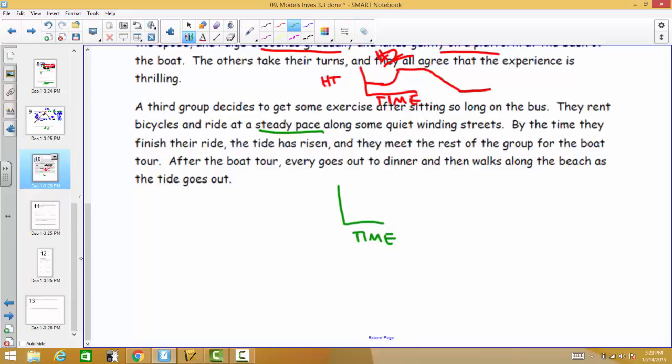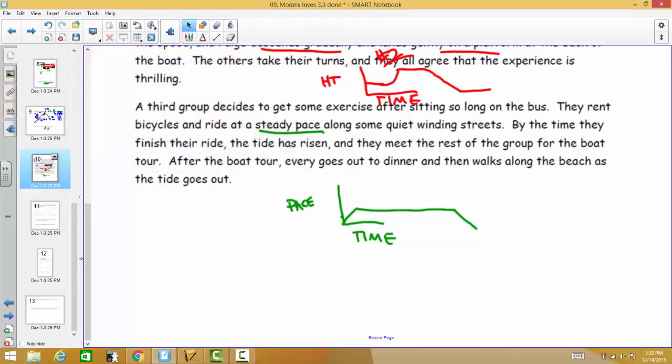And you could put the pace that they're going. So if they're going at a steady pace, that means they're going to start from stopped position, so they're going to increase to their pace, and they're just going to stay the same. They're at their steady pace. So over time, they maintain the same speed, and then they probably stop.